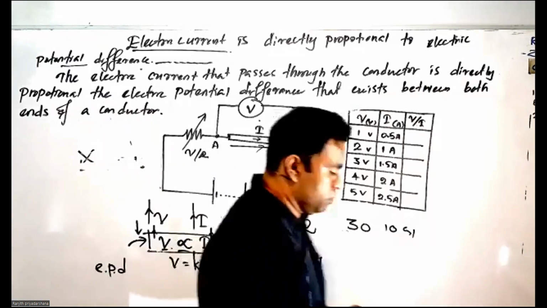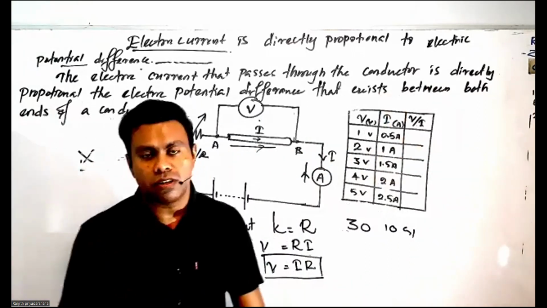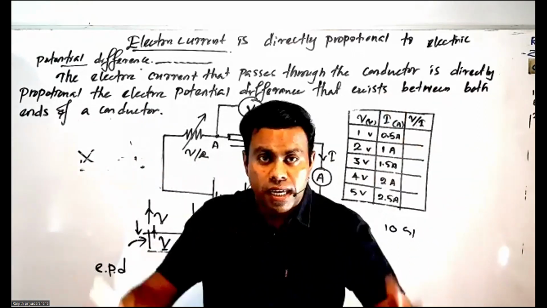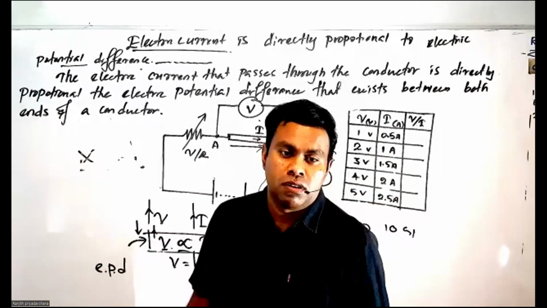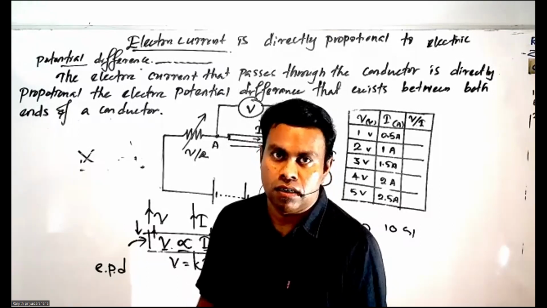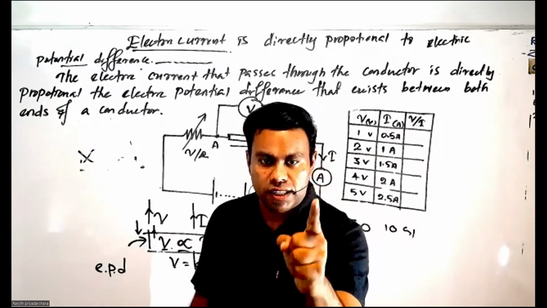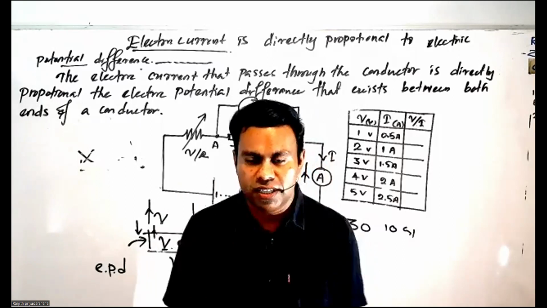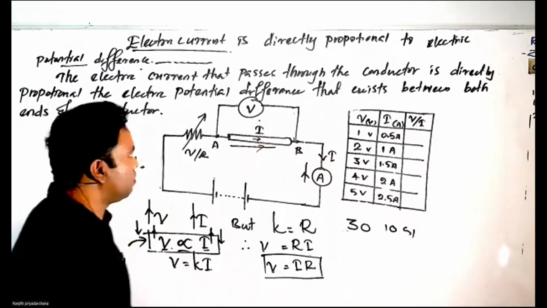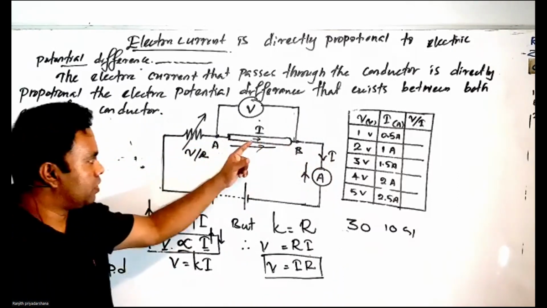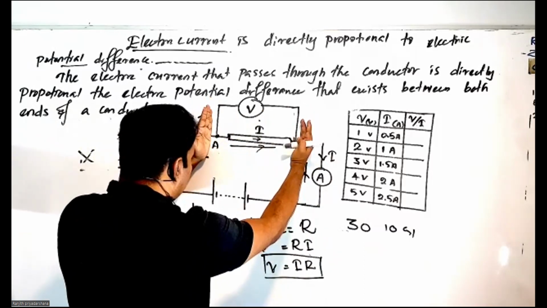Right? The electric current that passes through a conductor is directly proportional to the electric potential difference that exists between both ends of a conductor, when the temperature and all other factors are constant.